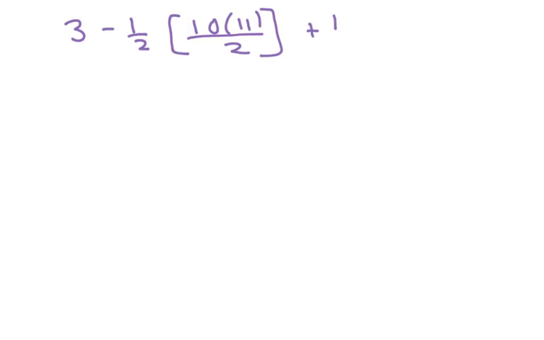And so I'm going to plug everything in, and you're going to get 3 minus 1/2 times 10 times 11 all over 2 plus 1/2 times 10 times 11 times 2 times 10 plus 1, that's going to be 21, all over 6.